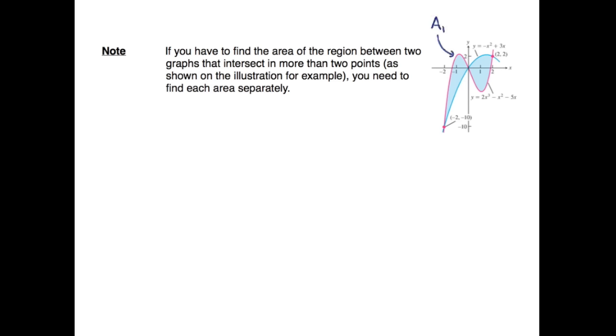So we need to study each area separately, A1, A2. A1 is going to be the integral from negative 2 to 0 of the purple curve, here's the equation, it's given here, 2x cubed minus x squared minus 5x, minus the equation of the blue curve.